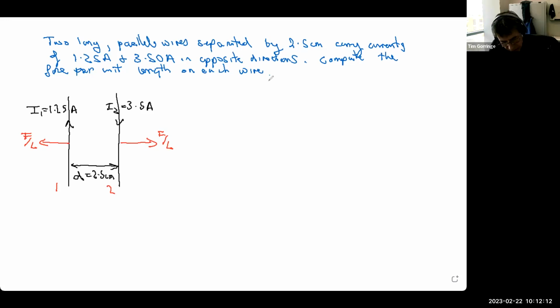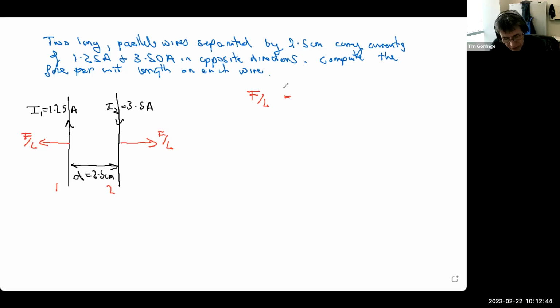So let's calculate the size of the force per unit length on the two wires. This is a famous equation. It was due to Ampere, who, after Oersted discovered that currents create magnetic fields, magnetic forces, as well as experience magnetic forces, quantitatively explored the magnetic forces between currents.